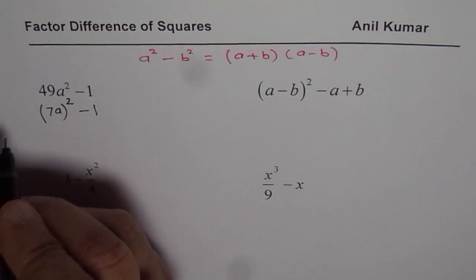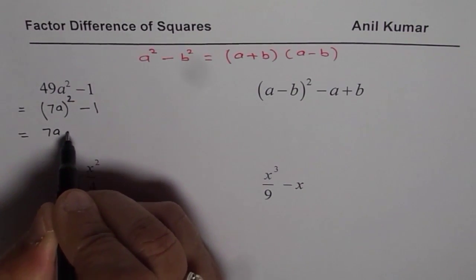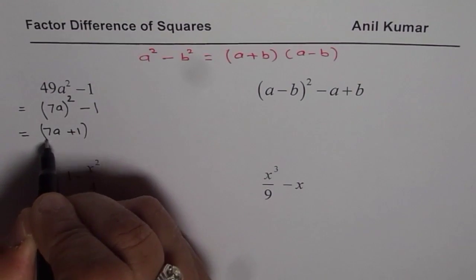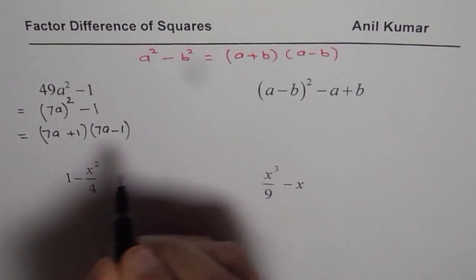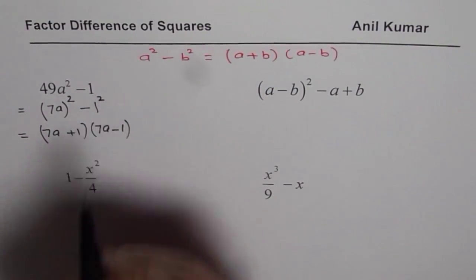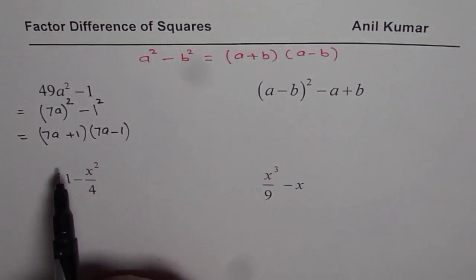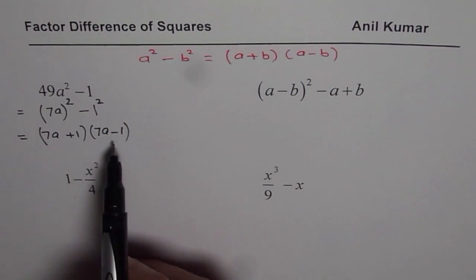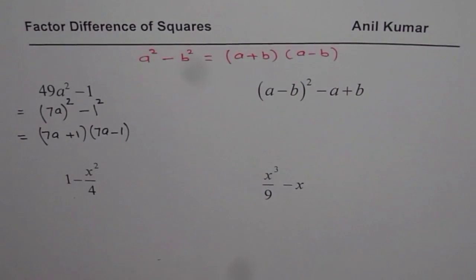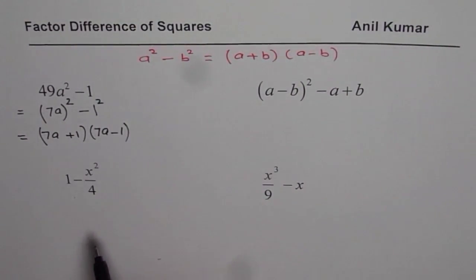Now I can factor this expression as 7a plus 1 times 7a minus 1, correct? 1 is the same as 1 square, correct? So I've used this formula where b is 1 for me, 7a plus 1 times 7a minus 1. You can expand and verify also. So we are using this strategy, correct? That is how you have to apply the formula.